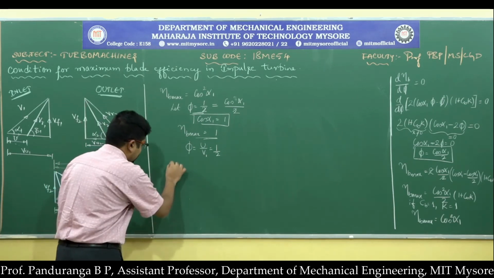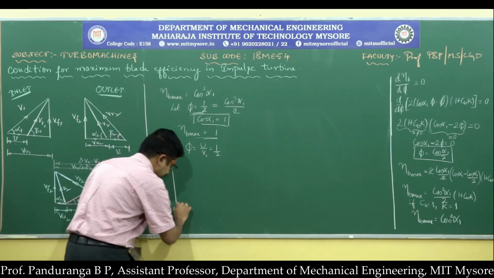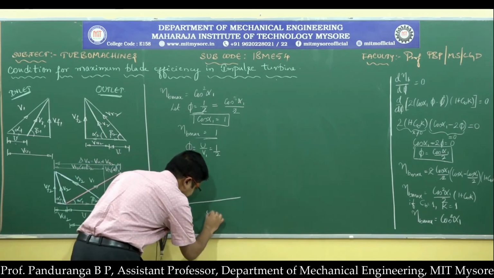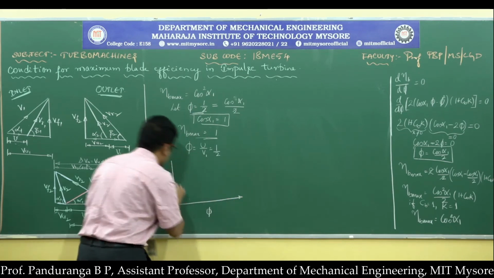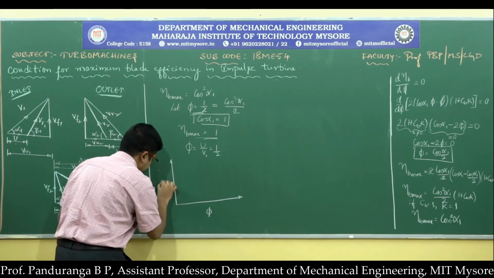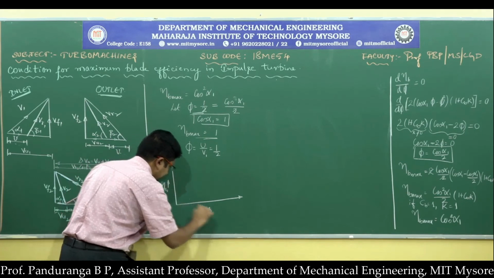Now I will plot a graph where we have phi here on the x-axis and we have blade efficiency eta b on the y-axis.